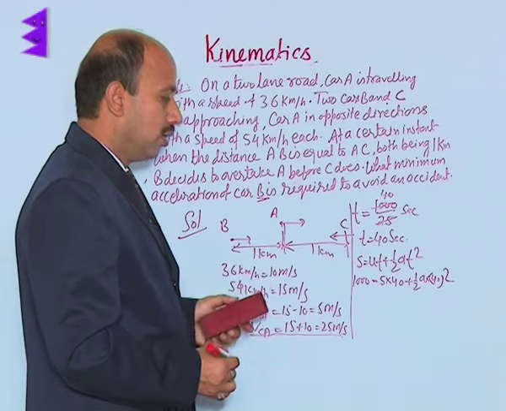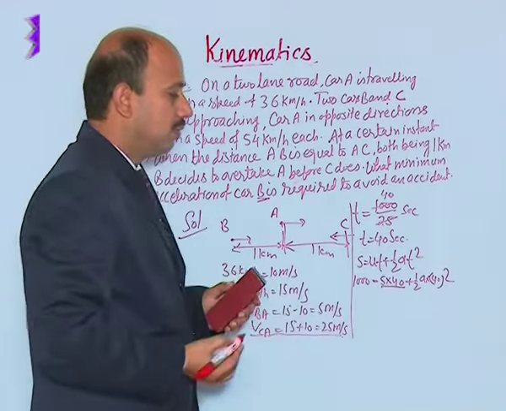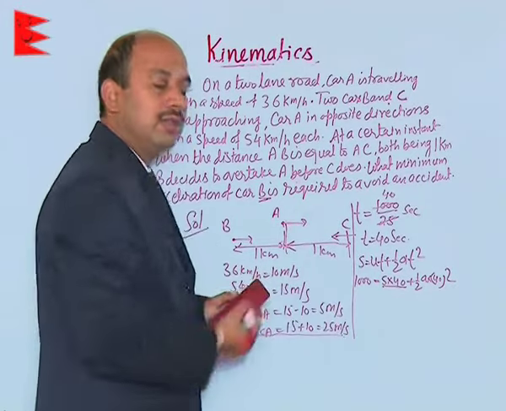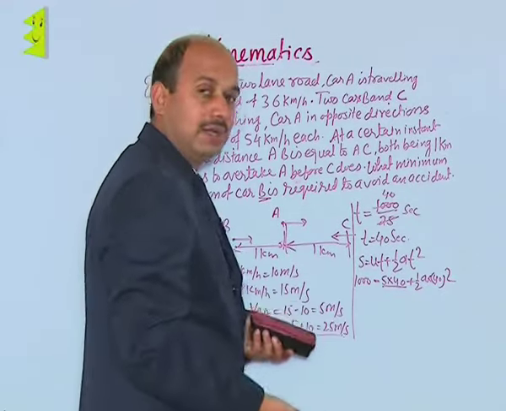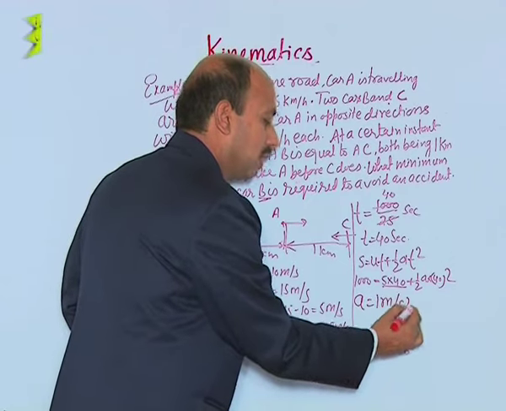So here you can calculate: 40 into 5, that is 200, this is 1000. If you bring it to this side, that becomes 800, and 1600 divided by 2 is 800. So you will be getting a is equal to 1 meter per second square.